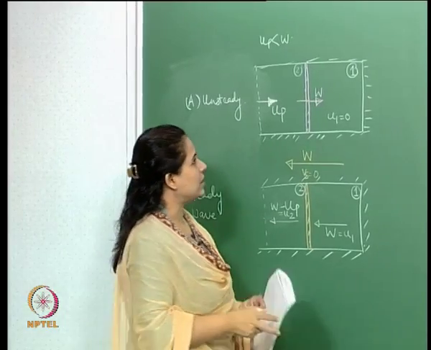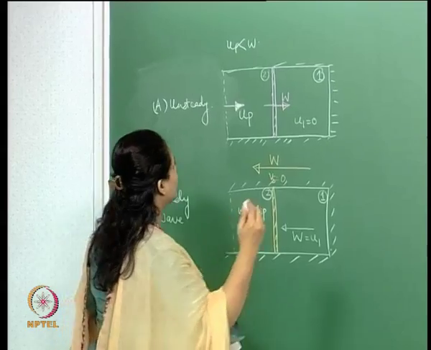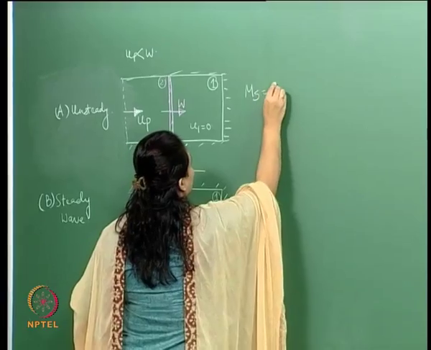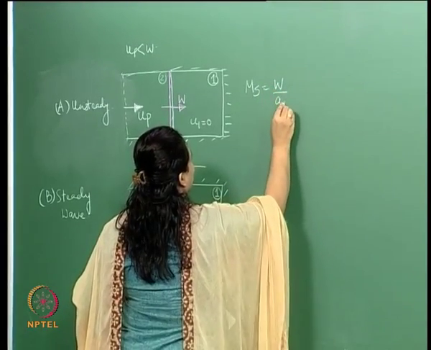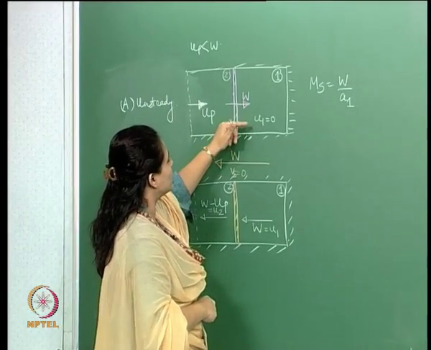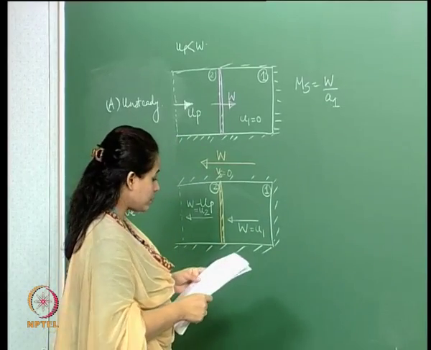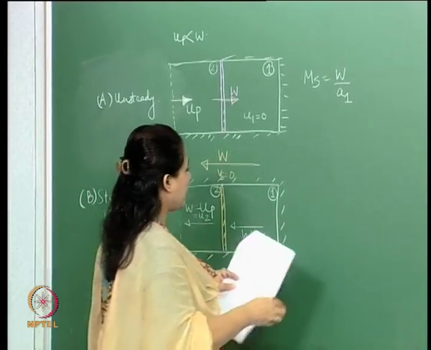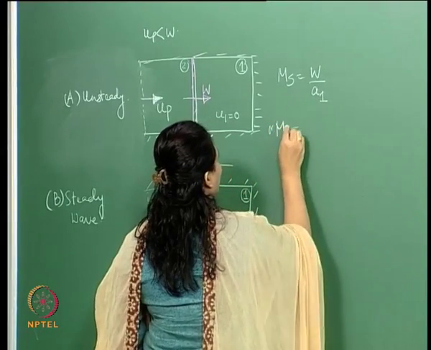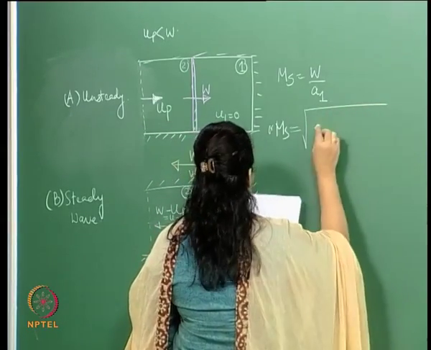Let's see. Now, let us write down the moving shock wave. The shock wave is basically moving into this quiescent region. So the shock wave Mach number we can write like that, and then I can also rewrite this in this form.